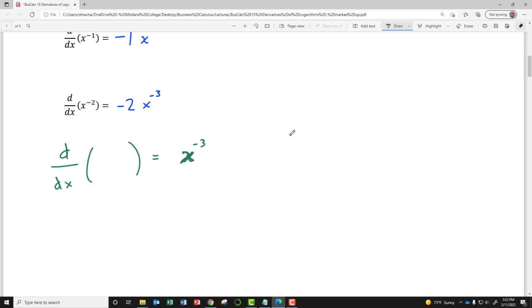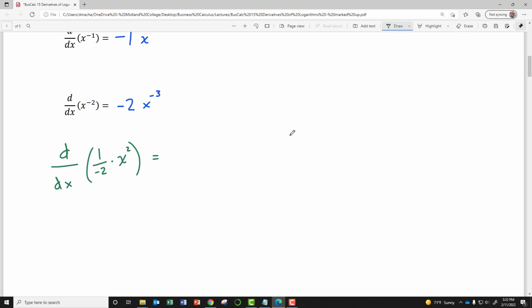In fact, maybe I should divide by negative 2, which means multiplying by 1 over negative 2. And so let me try that. Let's see if that gives me exactly what I want.